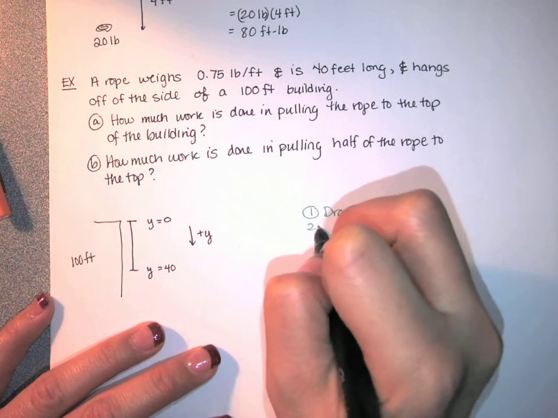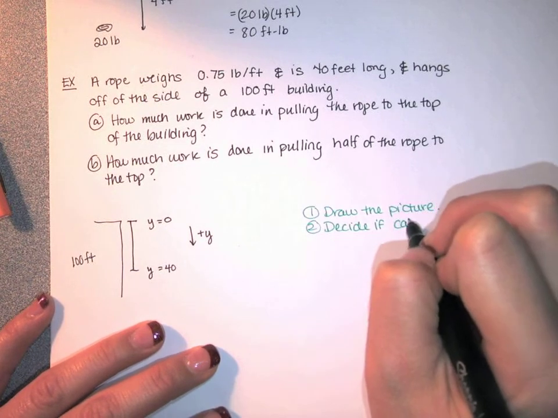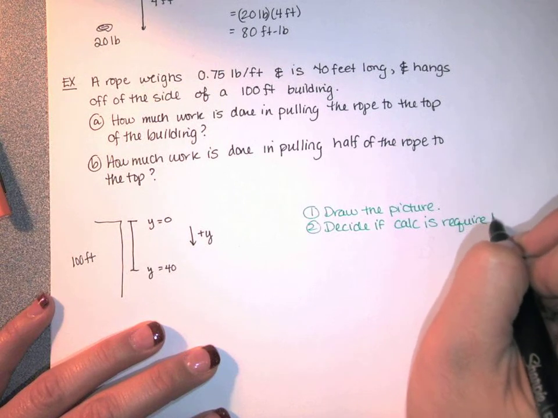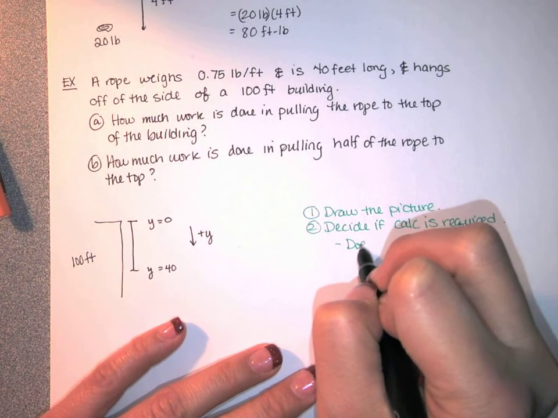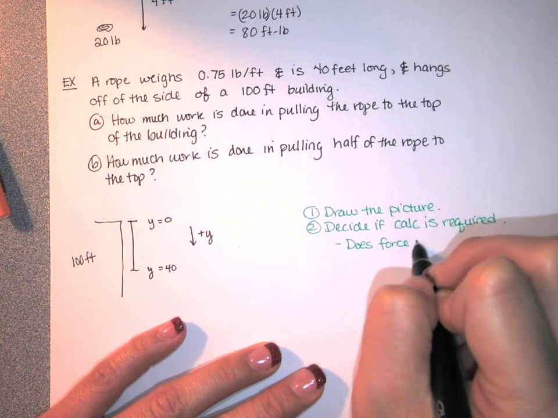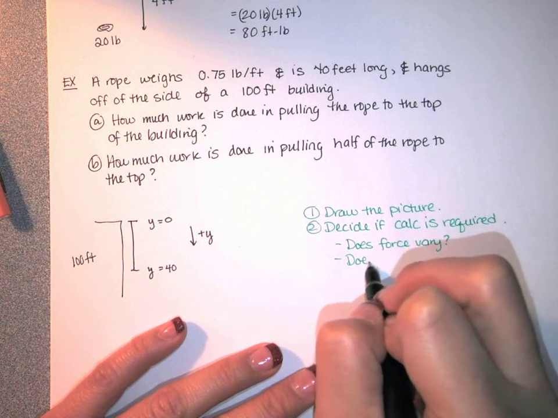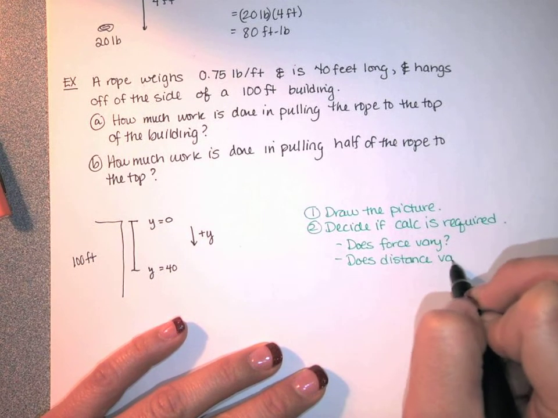And now we want to decide if calculus is required. So the question is, does the force vary, or does the distance vary for certain parts of this rope?